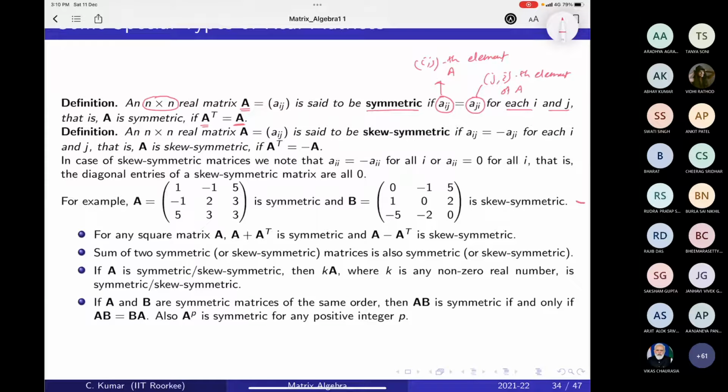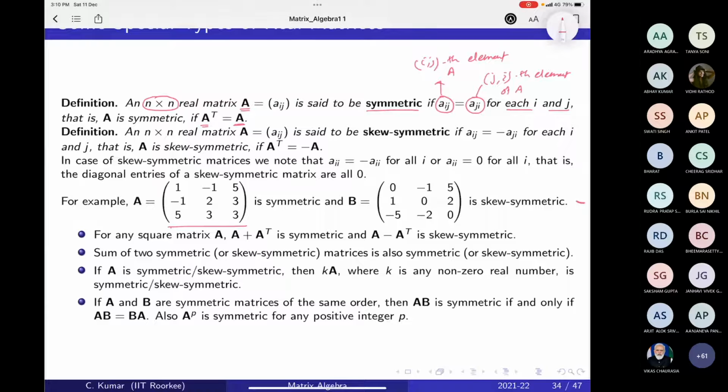For example, if you consider this matrix written on the slide, we can easily see that the transpose of A is A, or you can check that Aij is equal to Aji for each i and j. Right.